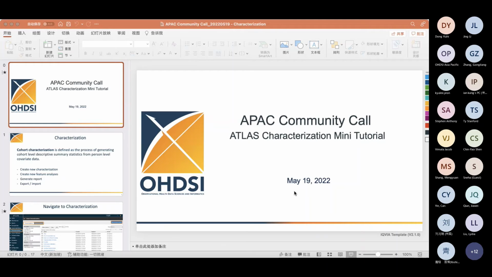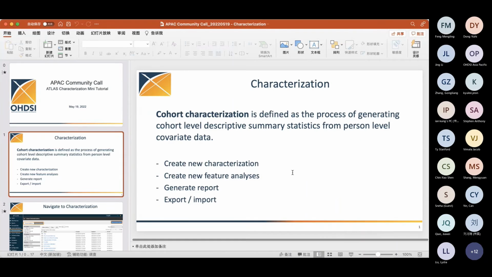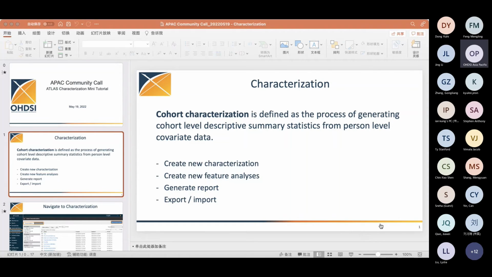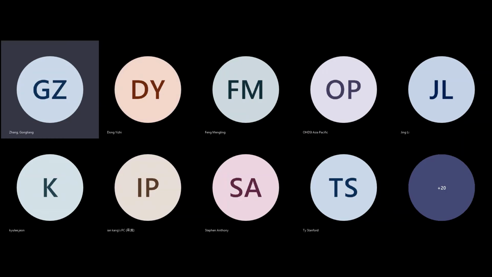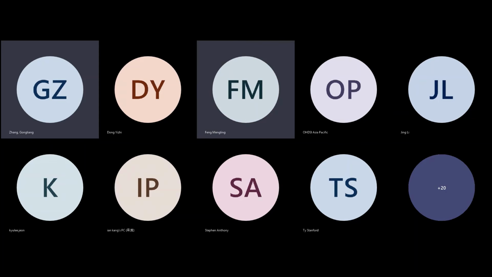So cohort characterization is defined as a process. Do you want to go into presentation mode? Sorry to interrupt, do you want to go into presentation mode of your slides? You need to press F5, the projector button at the corner. We are looking at the editing view.